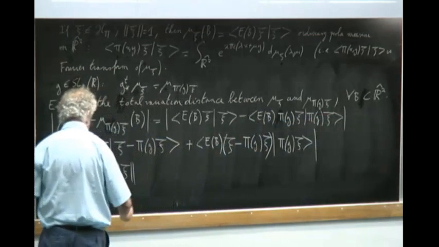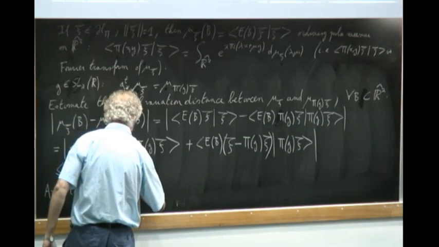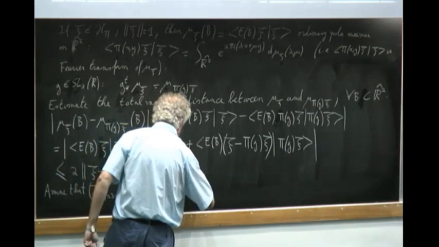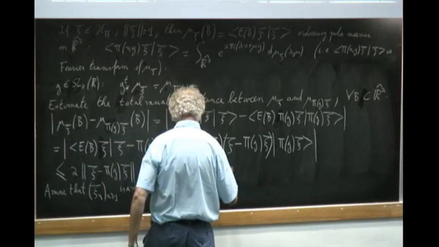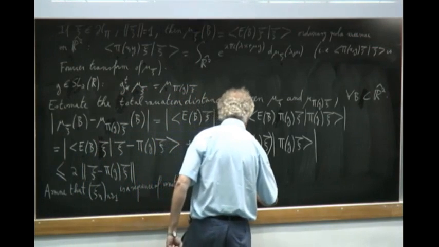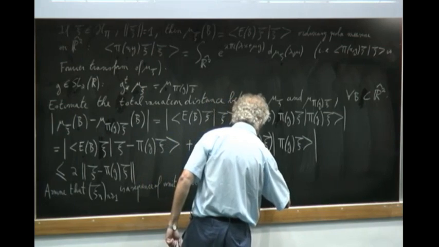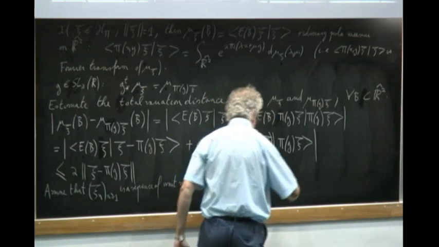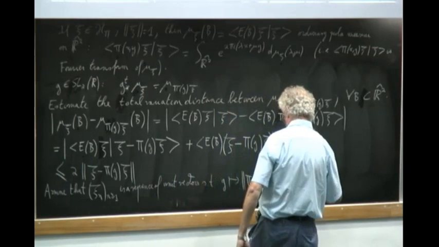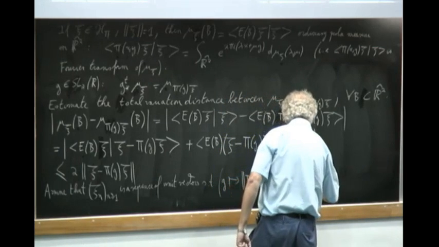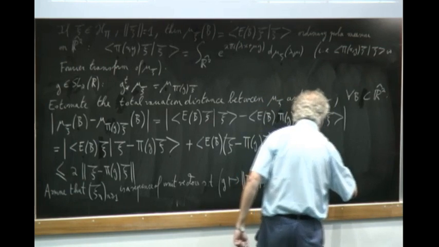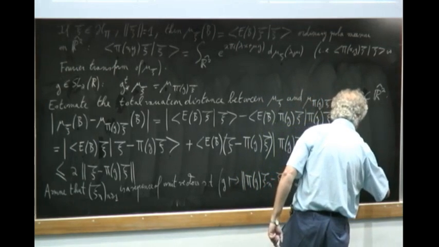So assume that psi n is a sequence of unit vectors such that the function g goes to pi of g psi n minus psi n goes to 0, this sequence of functions goes to 0 for n going to infinity, uniformly on compact subsets.